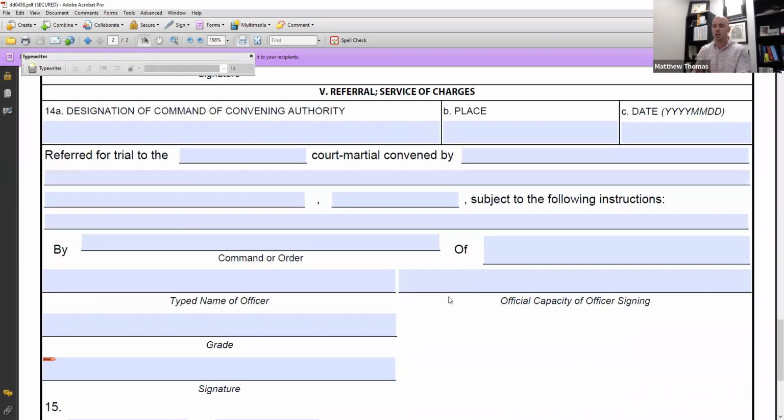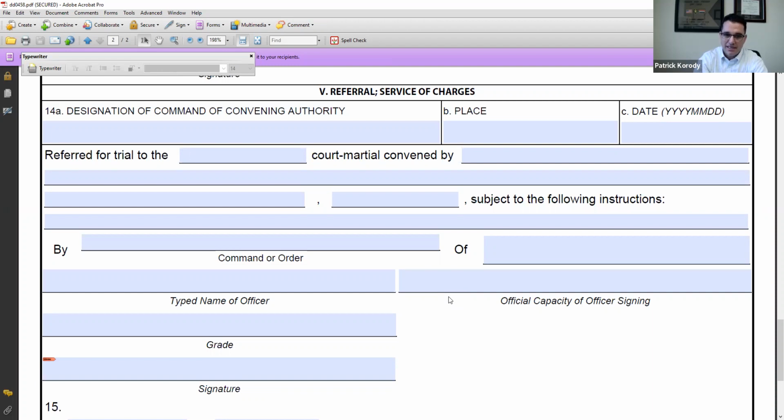And Patrick, you were hitting on something at the beginning of our discussion on that box 5, the referral and service of charges sheet. You said one of the first things that you look to is what kind of court-martial it is going to. Now, how does that affect your analysis on what you're going to talk to your client about? Well, if it's not completed when my client comes to me, there's a couple options, right?